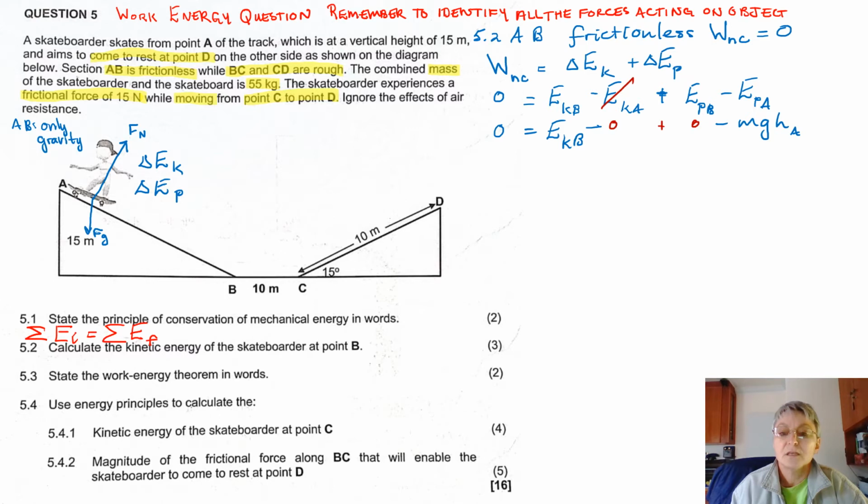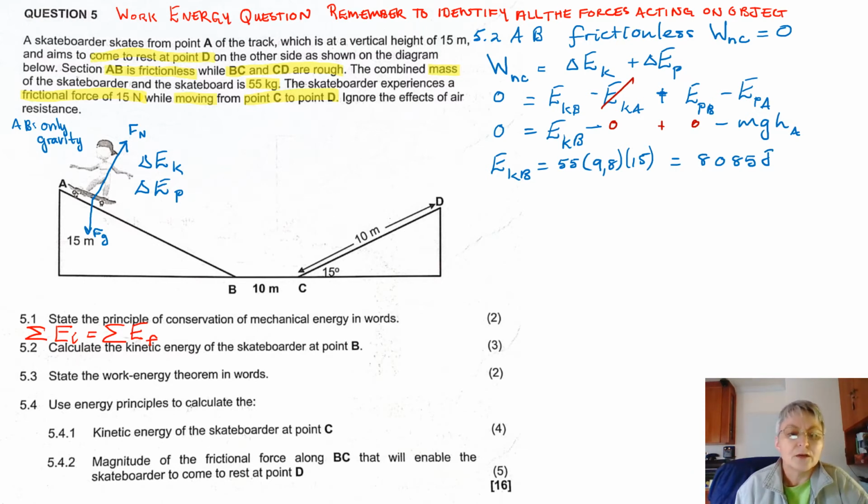So EKB, if we do our mathematics properly, would be equal to the mass of the skateboarder and the skate, everything, 55 kilograms times g 9.8 times the height 15. And we get an answer of 8,085 joules.